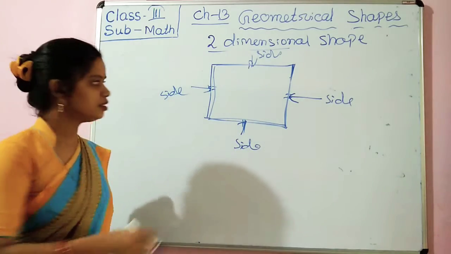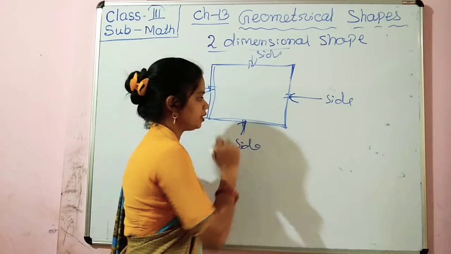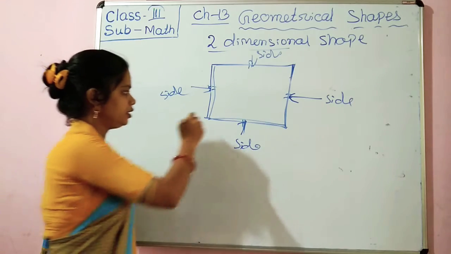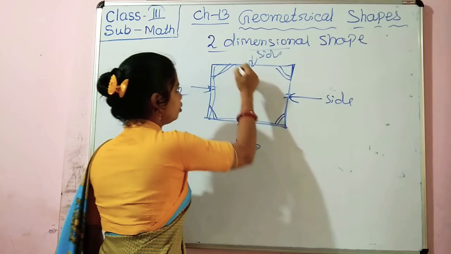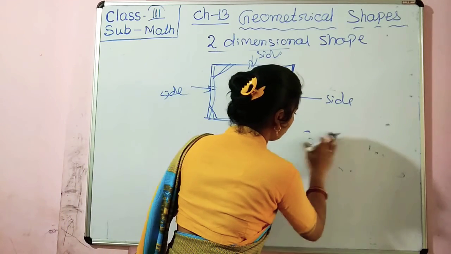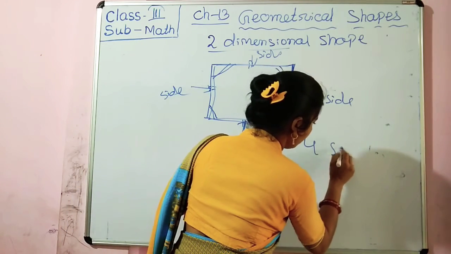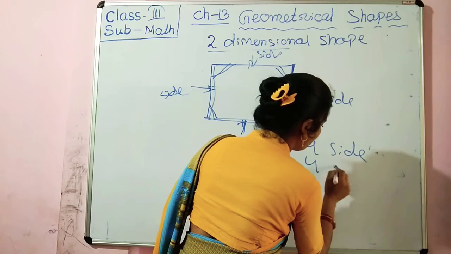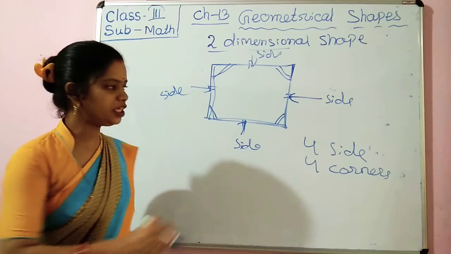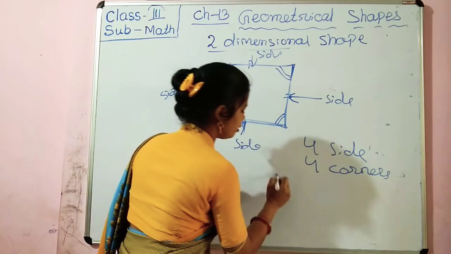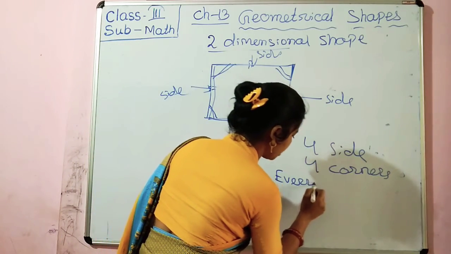A square has four sides. Then how many corners? Here is a corner 1, 2, 3, 4. A square has four sides and four corners, and every side is equal.